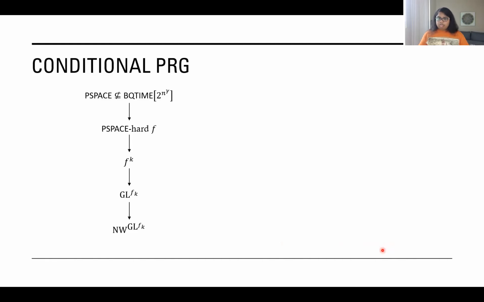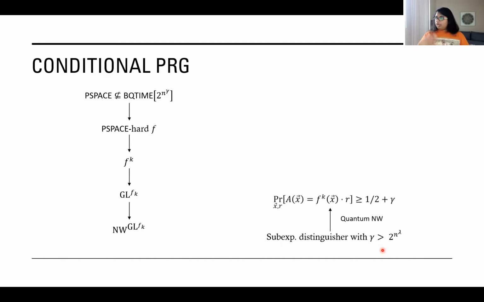If you keep going back up, I know that I can compute the Nisan-Wigderson design with probability at least half plus gamma. Then I use the Goldreich-Levin theorem, or the quantum version of it, to compute fk of x dot r, so I can compute fk of x with high probability.